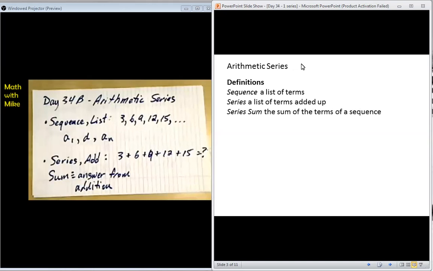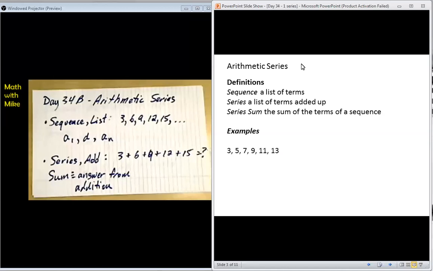The sum, that's the answer you get from adding things all together. What's the sum of 2 plus 3? 5. Right? Just a little more specialized in saying what's the answer. Answer from adding.